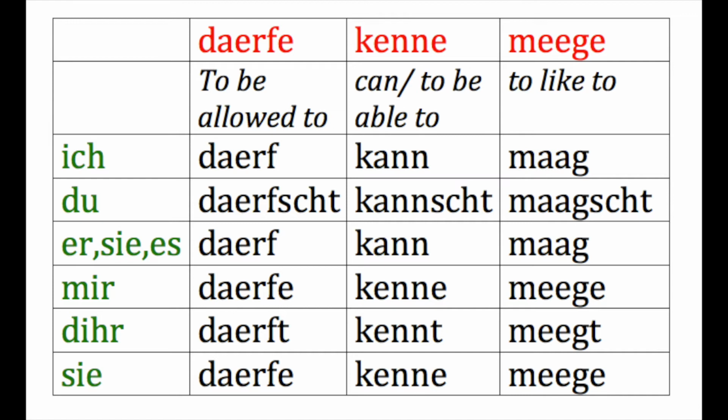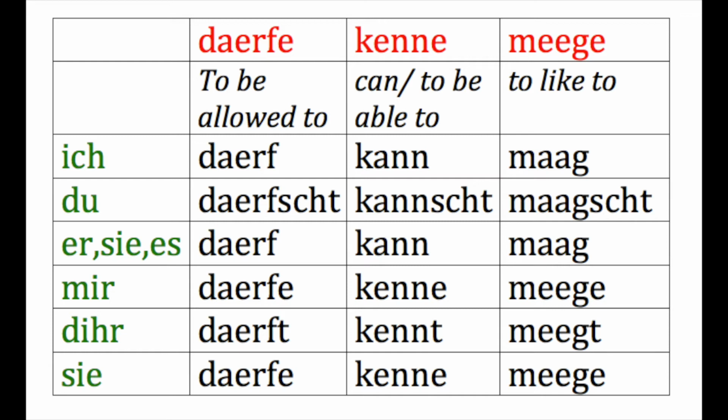Now, the reason I said rule number one is conjugate the modal is because these guys don't always play by the normal conjugation rules. Remember from a previous video, we learned how to conjugate verbs: drop the E off the end, and then add the right ending. Well, these guys don't play by those rules, and a lot of them, their spelling changes too. So let's look at just darf.